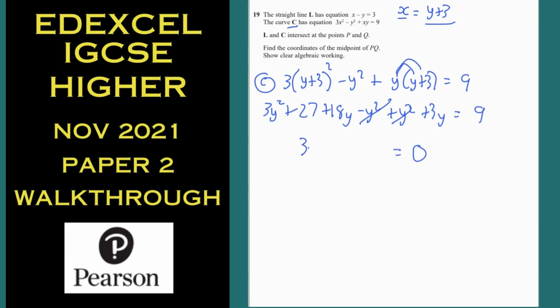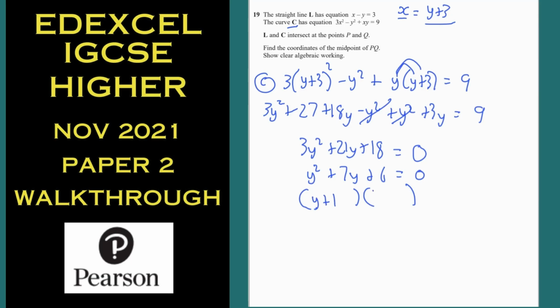And we get 3y squared plus 21y plus 18. You're more than welcome to factorise that. You're more than welcome to use the quadratic formula, but they're all in the 3 times table. So actually it turns out to be a nice, easy one to factorise.